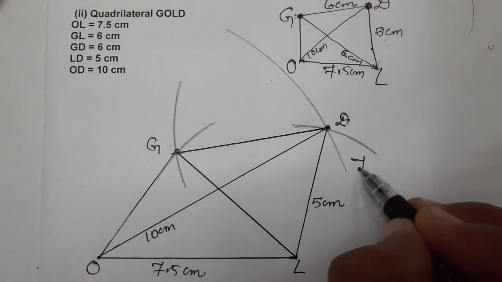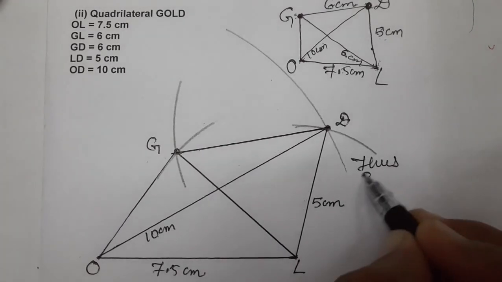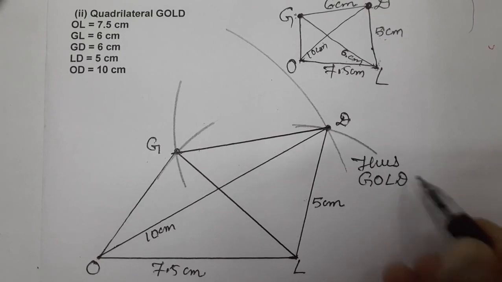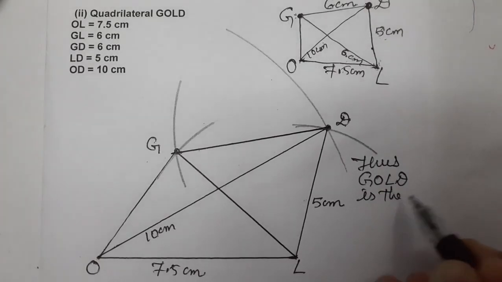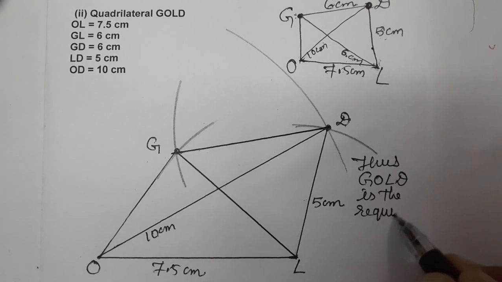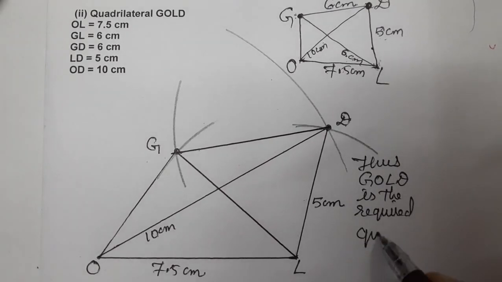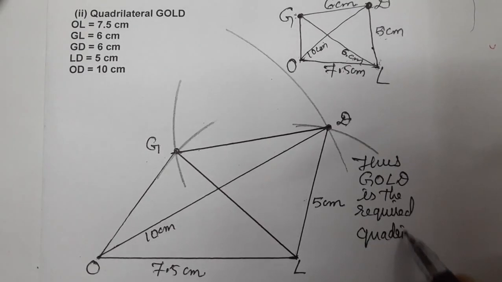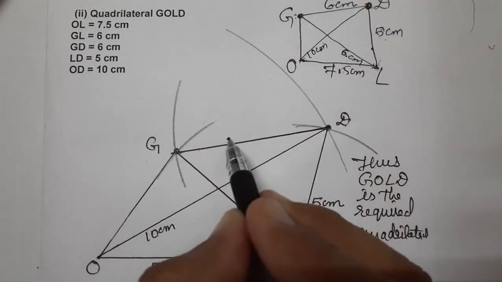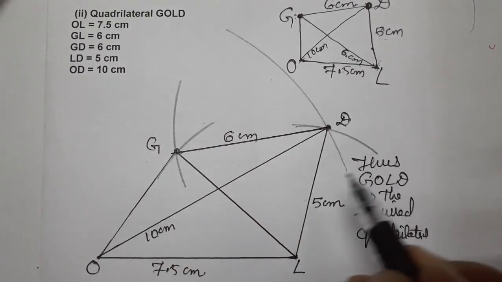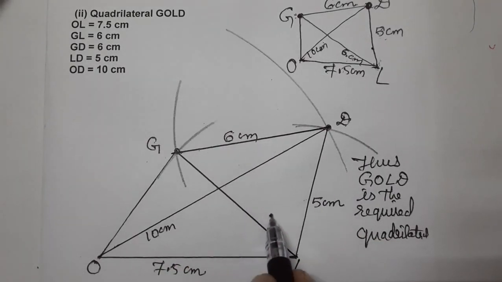So we'll write: thus GOLD is the required quadrilateral. And label it. This is 6 centimeter. Every time, don't forget to label 6 centimeter.